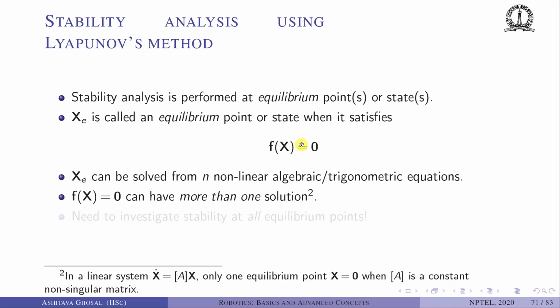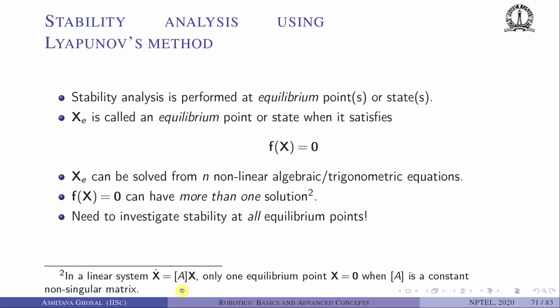And what did Lyapunov say? He said you need to investigate stability at all equilibrium points, at all possible solutions of this f of x equal to 0. In contrast to a nonlinear equation, if you have a linear equation, x dot equal to A times x, where A is a matrix of constant variables and is non-singular, what are the equilibrium points of a linear system?